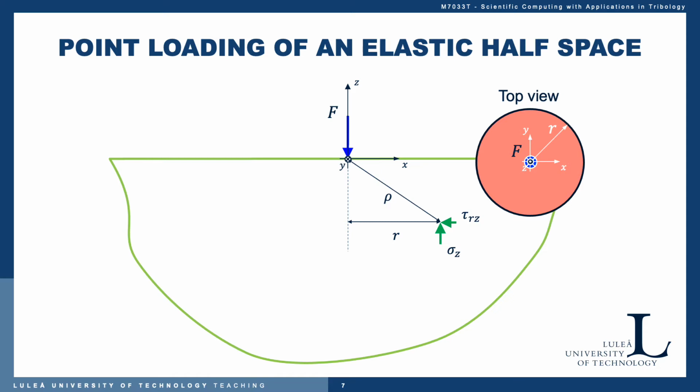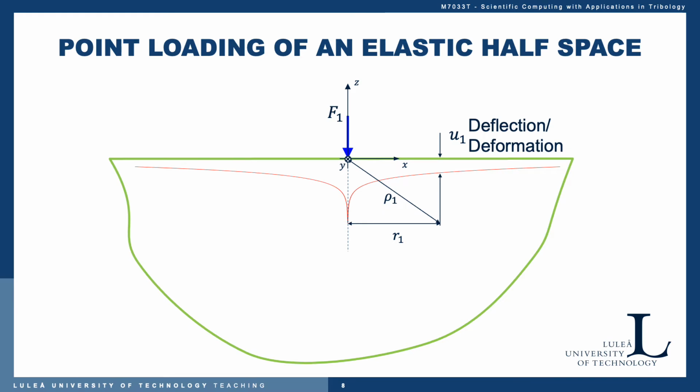So you also have a top view to see that the force is acting counter z direction, and that we have this radius to that point where we see the stresses sigma z and tau rz. Due to that point load, which we now denote by F1 because we're going to apply some more of those, we will have a deflection or deformation of the boundary surface of that half space.